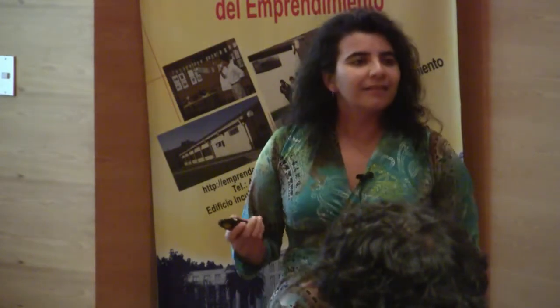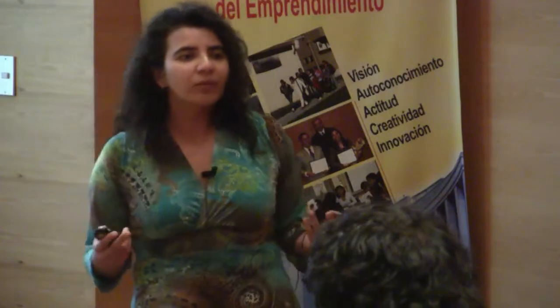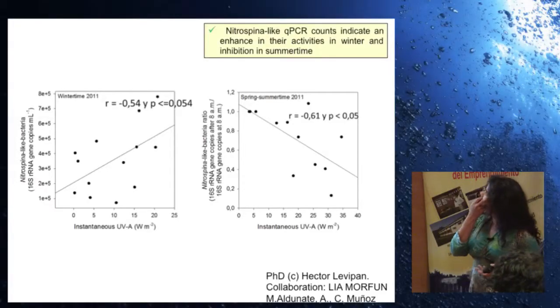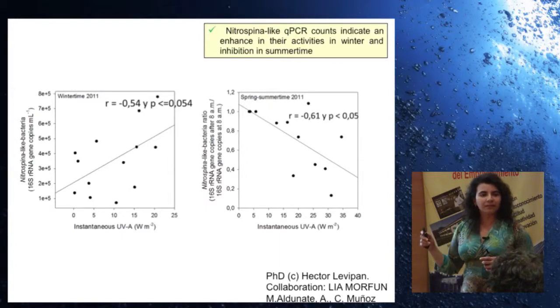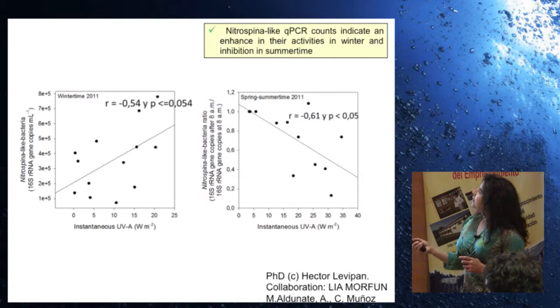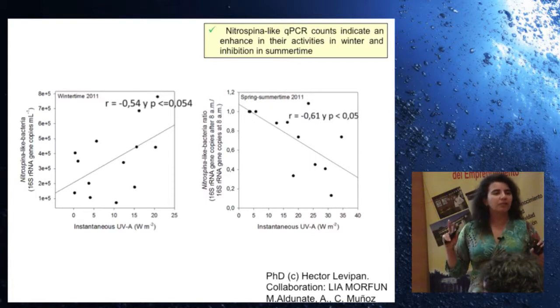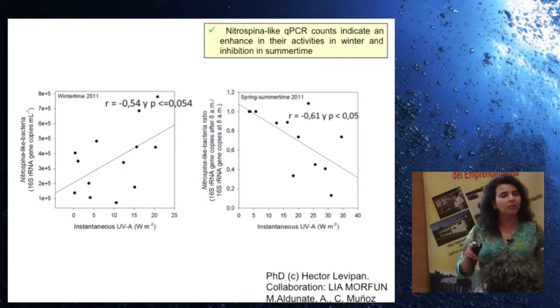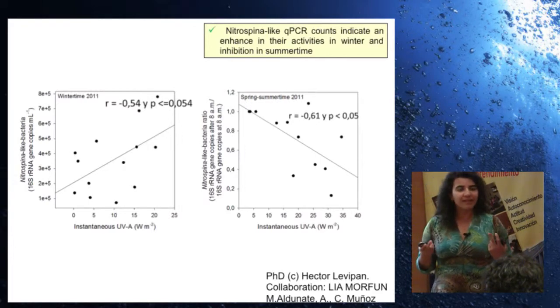But then, this other more random response of these other communities, what are they doing? For example, for the second guild, which is Nitrospina, as I told you, the nitrite oxidizing, we can see a completely contrasting response during wintertime compared to summertime. So this opens different questions.